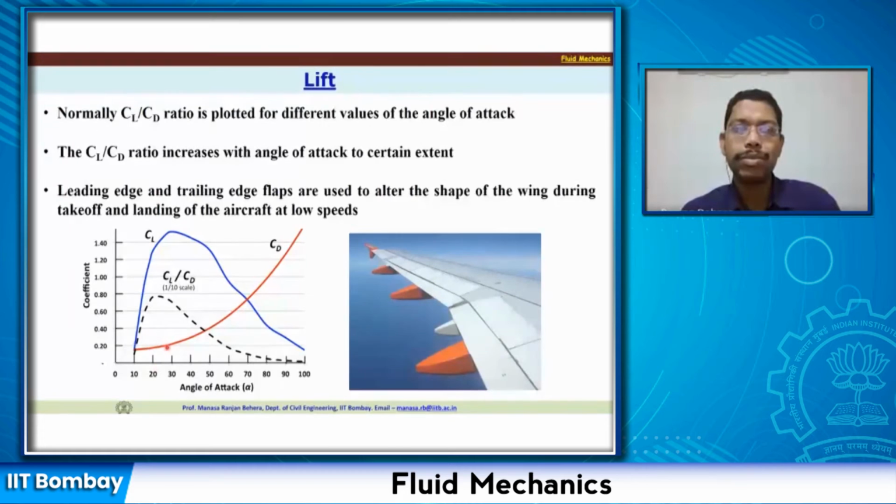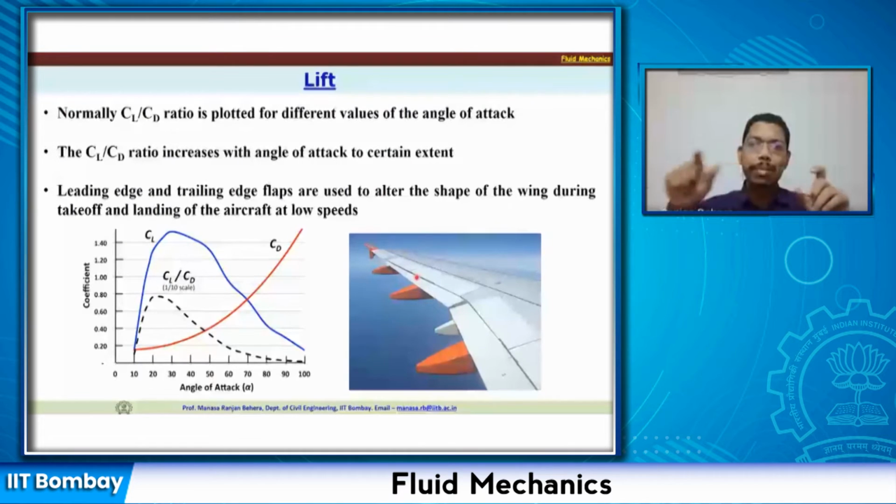If you look at this airplane wing, there is a tail flap here, and this tail flap can be lowered or raised so that the shape of the body can be varied. Once you vary the shape of the body, you change the lift as well as the drag coefficients when it is moving.